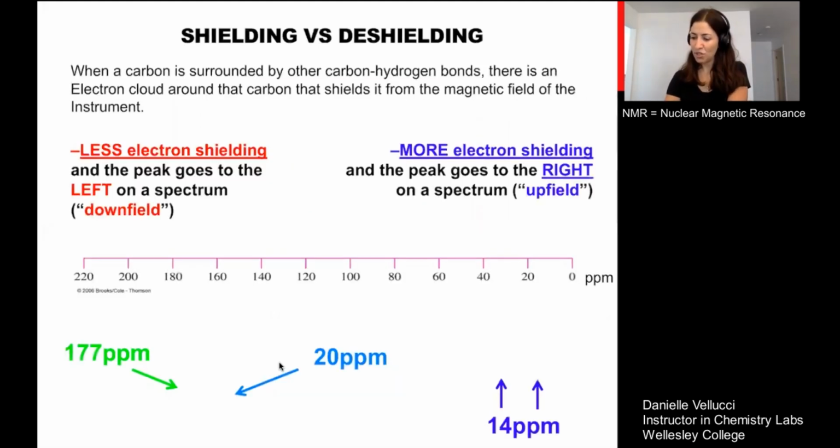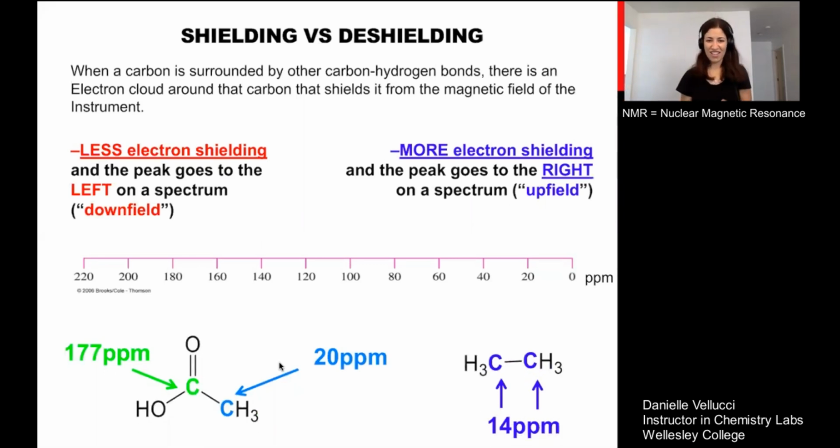Okay, so we call this localization on the x-axis an effect of shielding and de-shielding. Basically what it means is if you're in an electron-rich environment, which we consider to be a lot of CH bonds, where electrons are being shared very evenly, we call this upfield, so it's perfectly opposite of what you would expect.